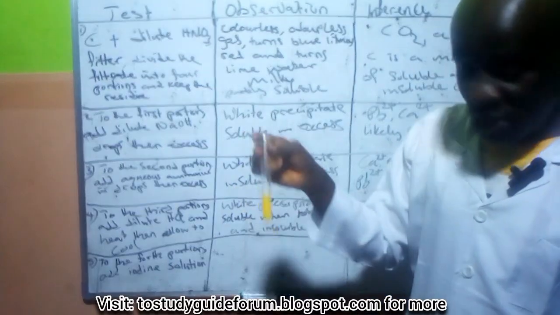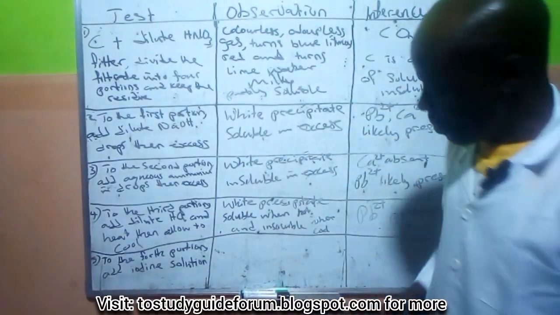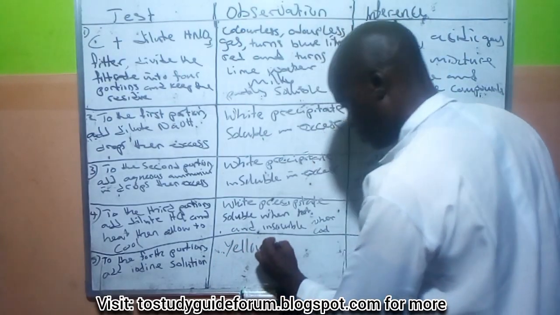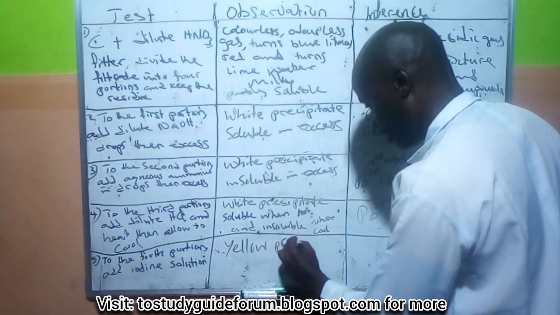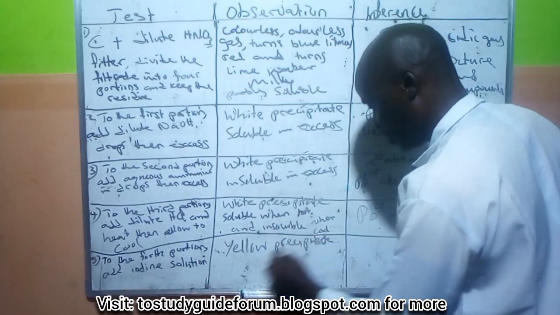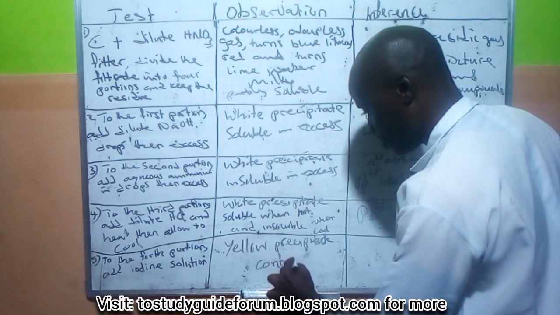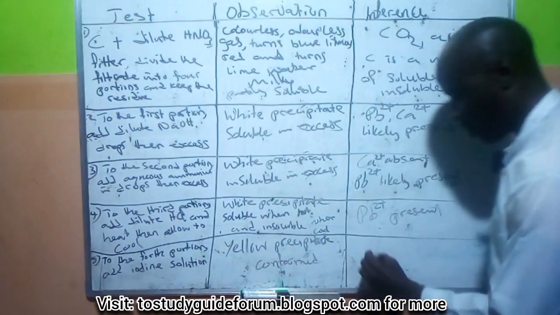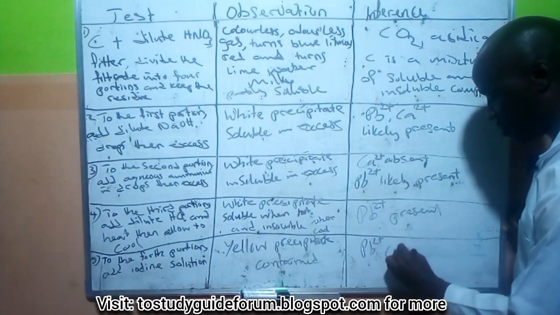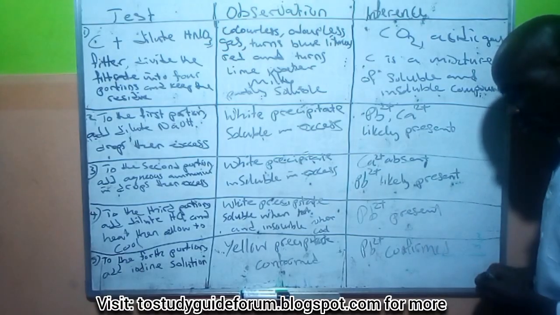So it gives a yellow precipitate of lead iodide. So what we have here is yellow precipitate formed, confirming what? Lead 2 ion confirmed.